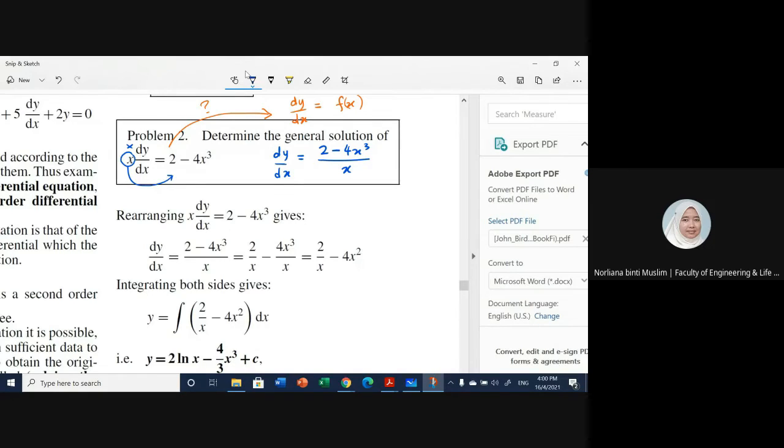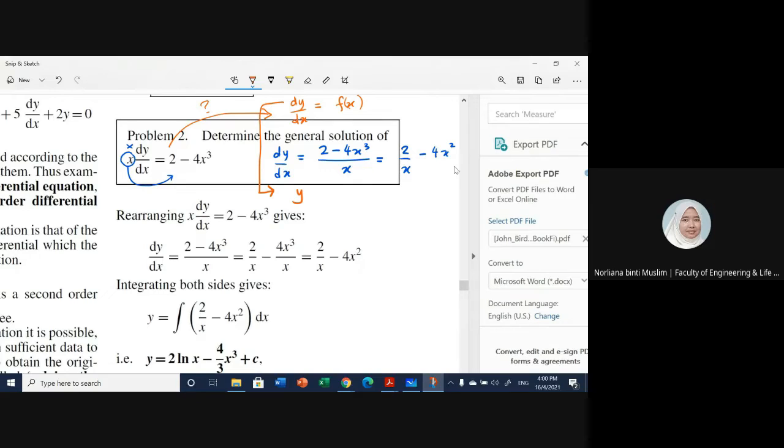Okay, so this is one simple fraction, but you can separate it like this. These two are equivalent. From this dy/dx, this is the form.